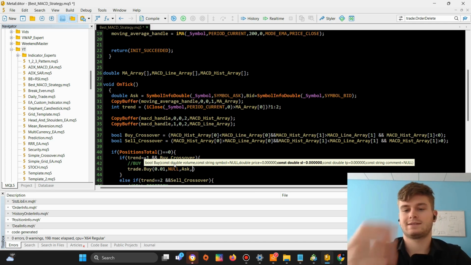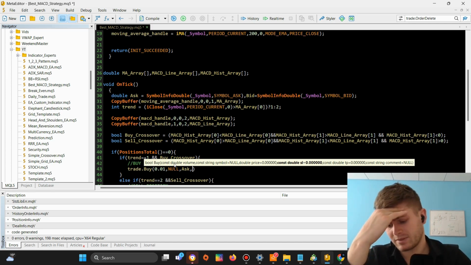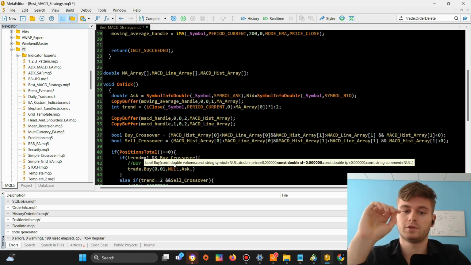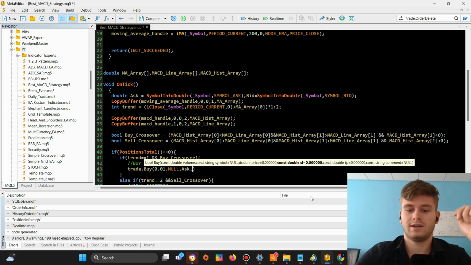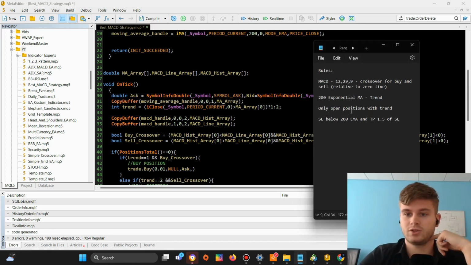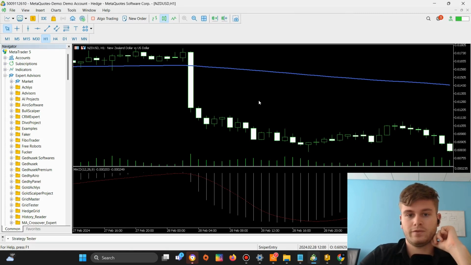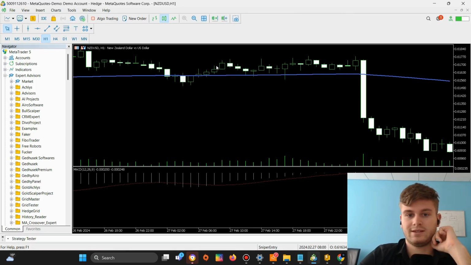And now let's remember what the rule was for the stop loss and take profit. So it was set in the video that the stop loss is below the 200 MA. So basically if we open a buy position right here, this is our stop loss.